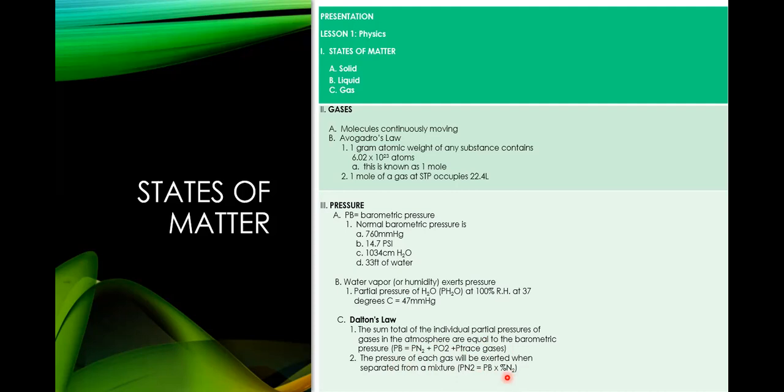So 760 times 0.78 gave us a pressure of nitrogen of 500 and something, right? About 593 millimeters of mercury is the pressure of N2, which is nitrogen.